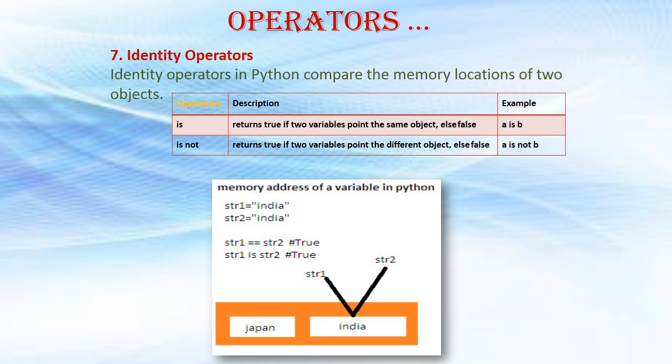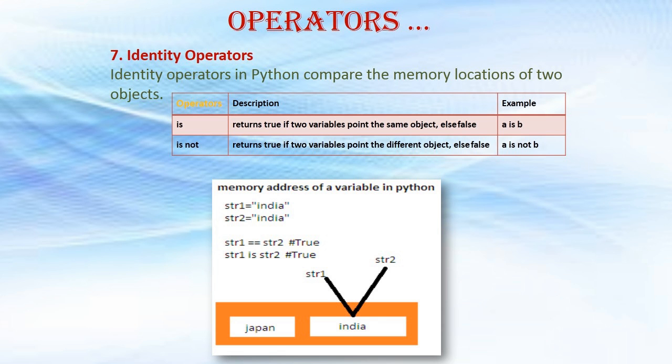The seventh type of operator is the identity operator. The identity operator in Python compares the memory locations of two objects: is and is not, which is again A is B or A is not B. If you concentrate on the diagram, memory addresses of variables in Python: str1 equals India, which means str1 is a memory location which will hold India, the value of that memory location will be India, and then str2 is again India.